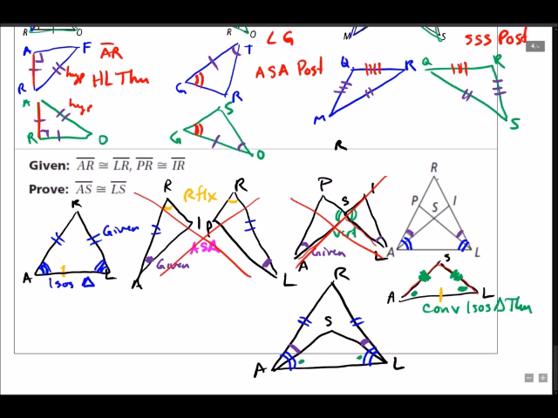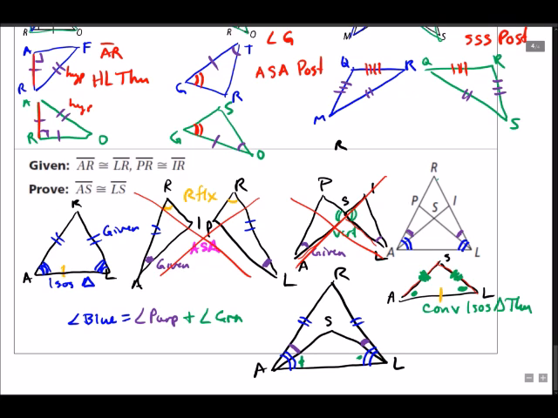Well, I know angle blue equals angle purple plus angle green, right? And that's true on both sides.